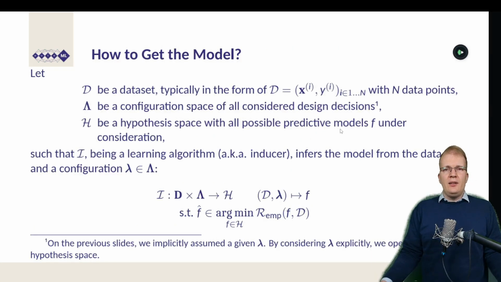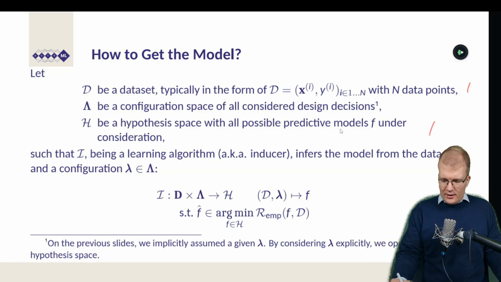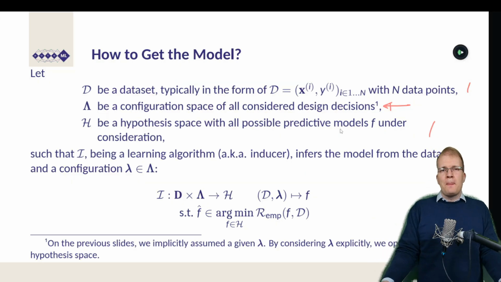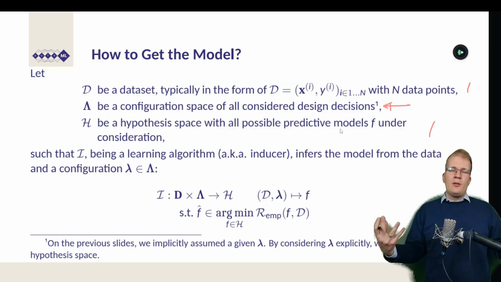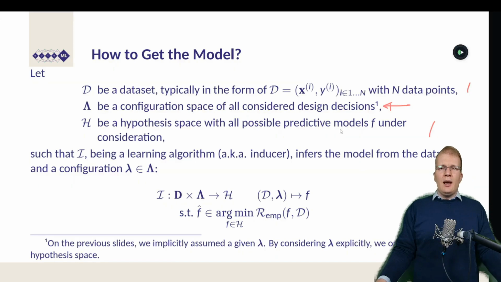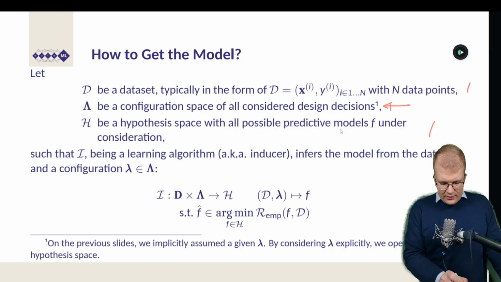So how to get the model actually in the first place is simply saying, okay, we need to add maybe a bit more to it. So we had before already the data set and the hypothesis space, but what we have not talked about so far is that we can make certain decisions on the model. For example, what kind of model are we talking about, or what kind of hyperparameters? So we have a configuration space, and what we are now actually doing is having what we call an inducer, or the learning algorithm.